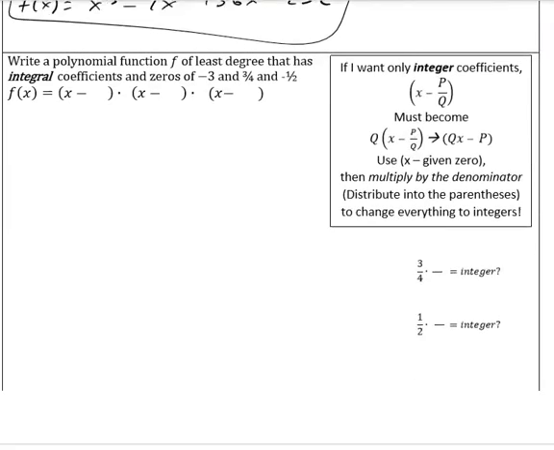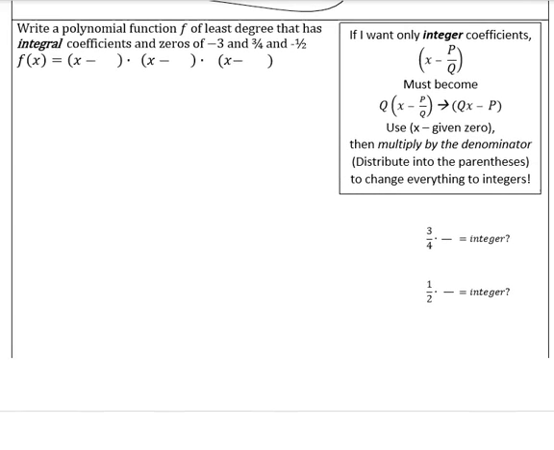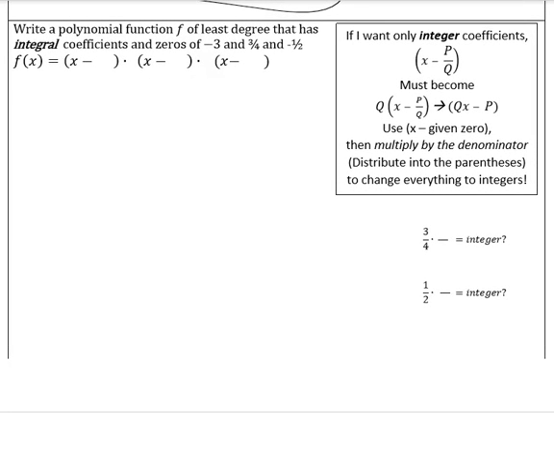And the last example. Write a polynomial function f of least degree that has integral coefficients and zeros -3, 3/4, and -1/2. Notice, since they do not have a radical or an i, there are no pieces missing. It's only those three.